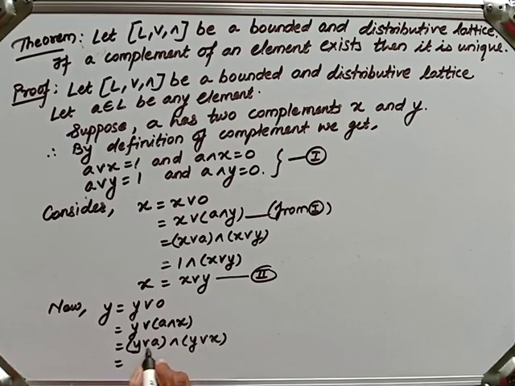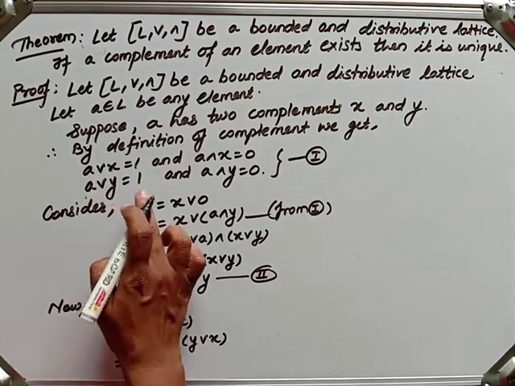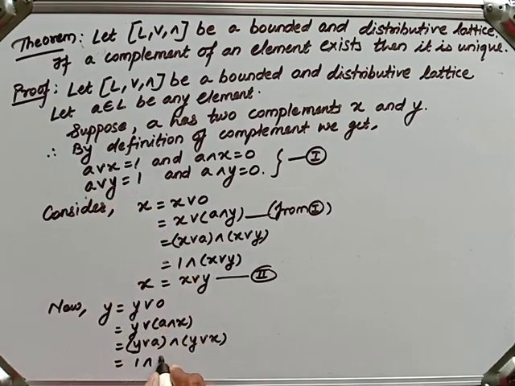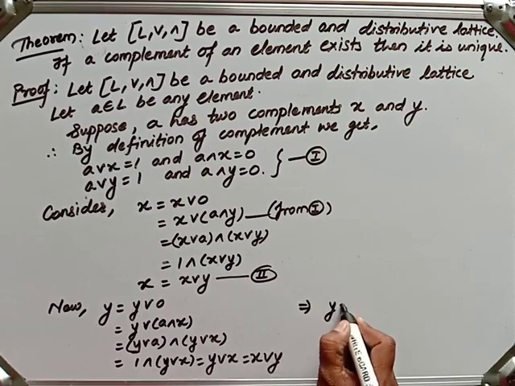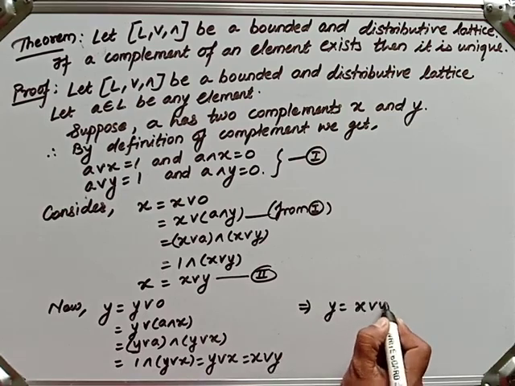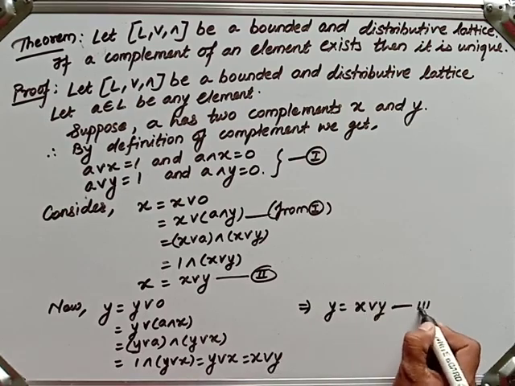Here y join a is same as a join y, which is 1 again. So 1 meet (y join x) is y join x, and y join x is same as x join y. So we get y is equal to x join y. Call it equation number 3.